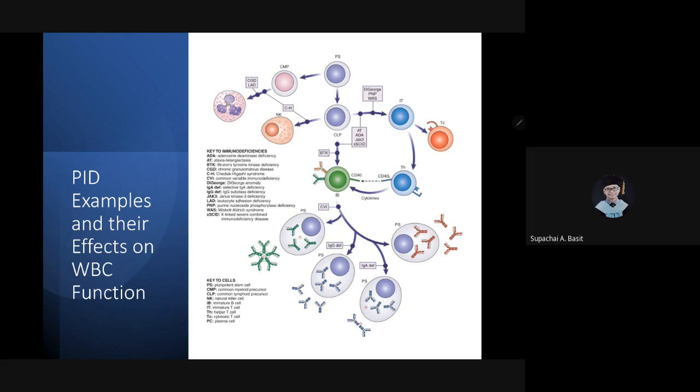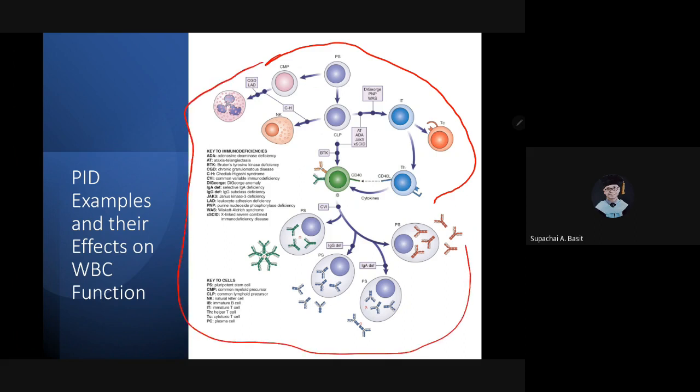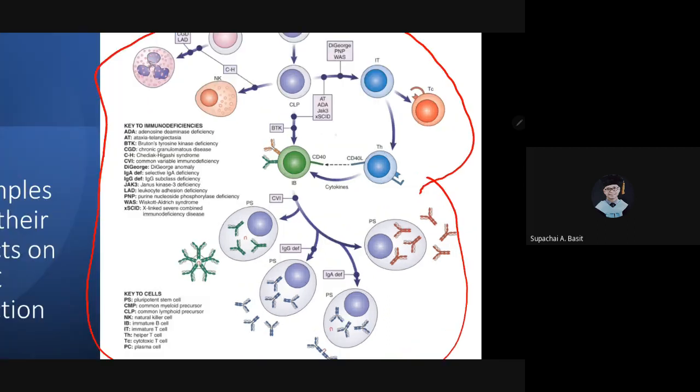This first picture refers to the normal proliferation of the cells of the immune system. The PS here represents the pluripotential cell, and pluripotential means that it potentially becomes any other cells of our body. It could give rise to our CMP, the common myeloid progenitor, and the common lymphoid progenitor, or the CLP.